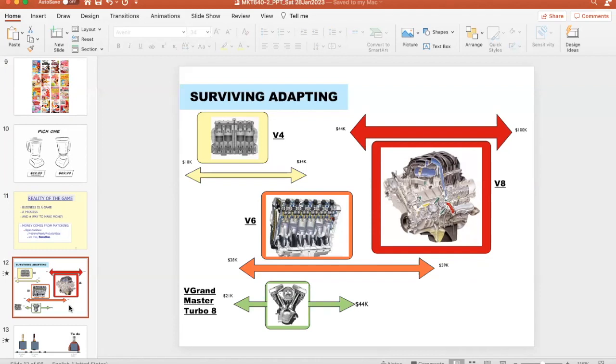It's the same thing: to make the most profit, you're going to try to sell the 4-cylinder at the top end of the 4-cylinder price, not at the bottom end. The 4-cylinder is going to overlap with the 6-cylinder, and the 6-cylinder is going to overlap with the 8-cylinder. So you want to be at the top range, not the bottom.